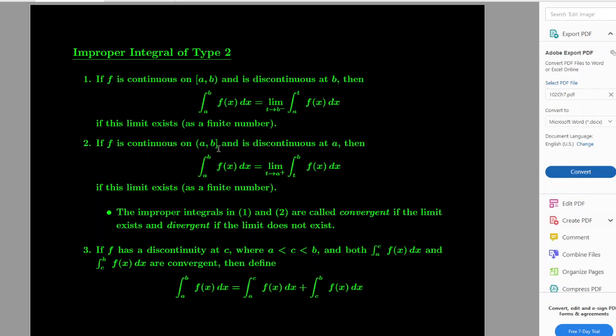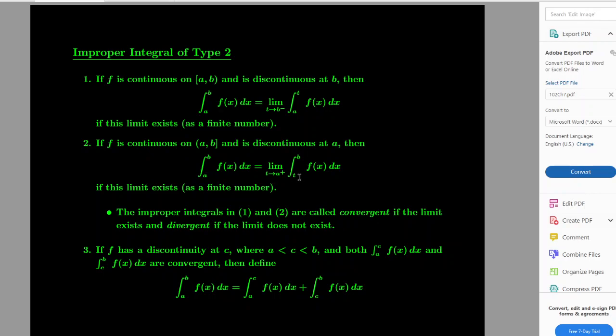It's the case where the function is discontinuous or undefined at a. In the question we did, the function was undefined at 0, right? Discontinuous is the more general case. You can just imagine that in most cases it's undefined. So in this case, a is the reason you have an improper integral.